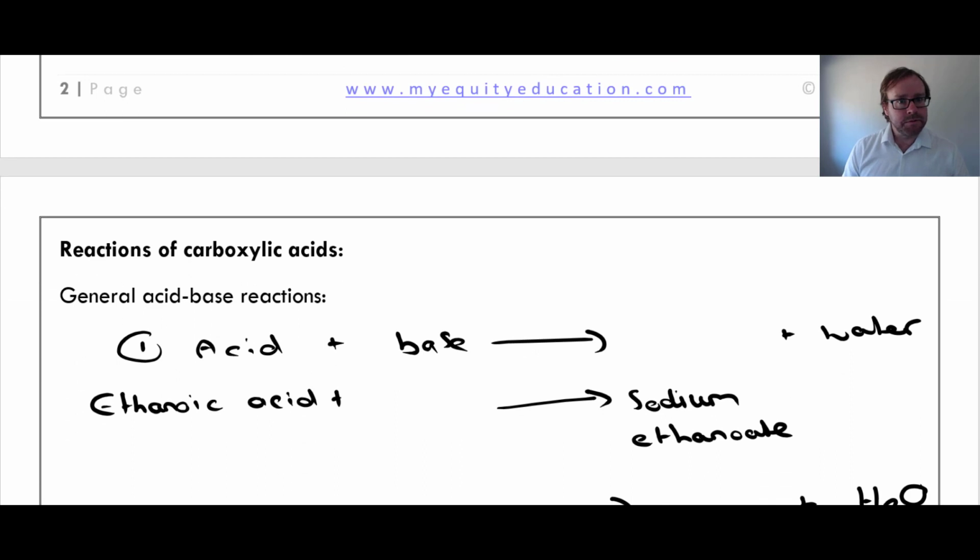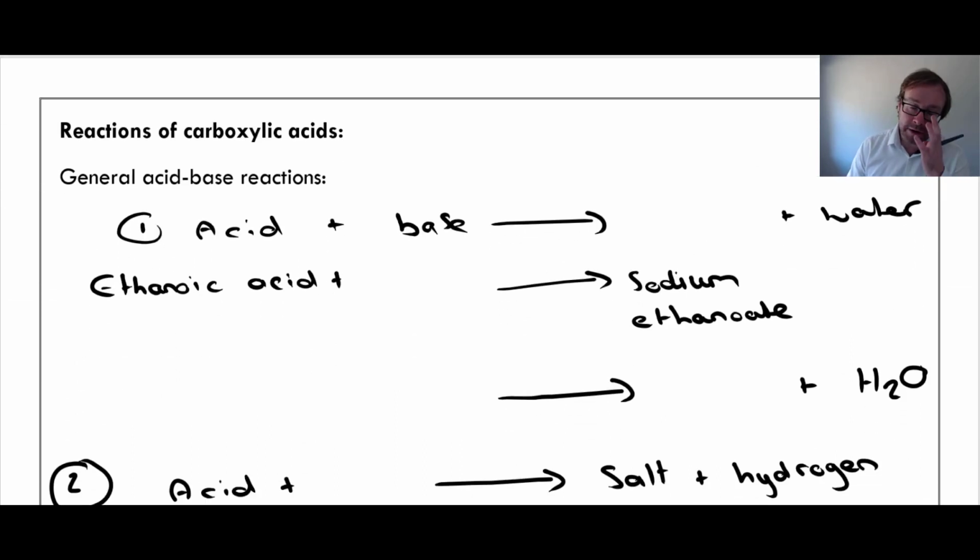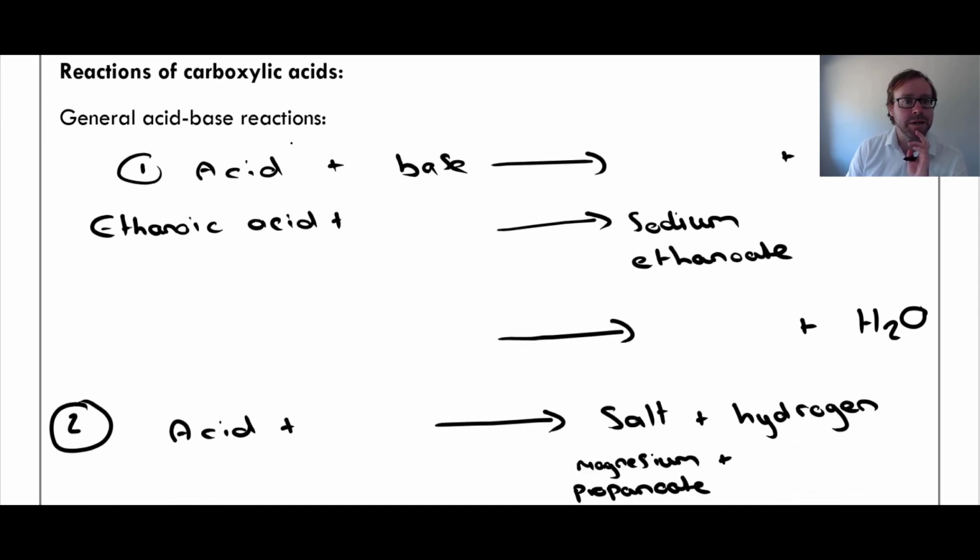Okay, so moving on. So very similar to what we've done. I'm going to get you to have a go at doing these. Maybe do it in pencil, just if you're unsure. So reactions of carboxylic acid. So general acid-base reactions. So you should know the general reactions of an acid. Okay, so acid plus base makes something and water.